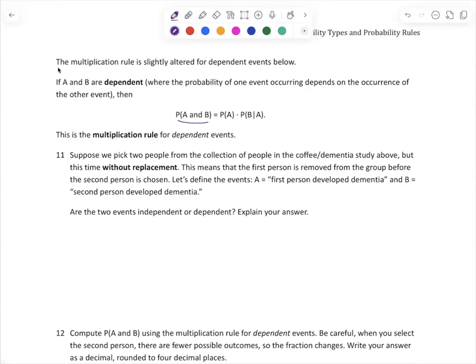If you have independent events, the probability of A and B is the probability of A multiplied by the probability of B. If they are dependent, the probability of A and B is the probability of A times the conditional probability of B given A. That's your multiplication rule for dependent events.